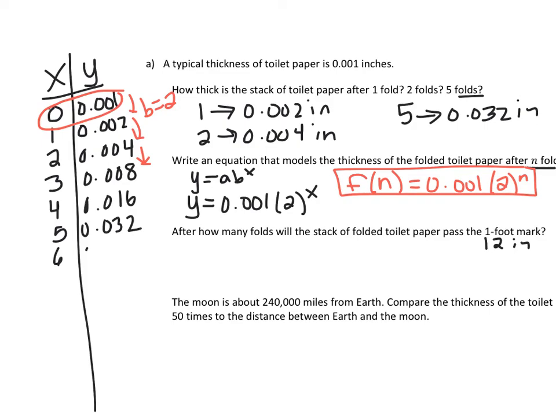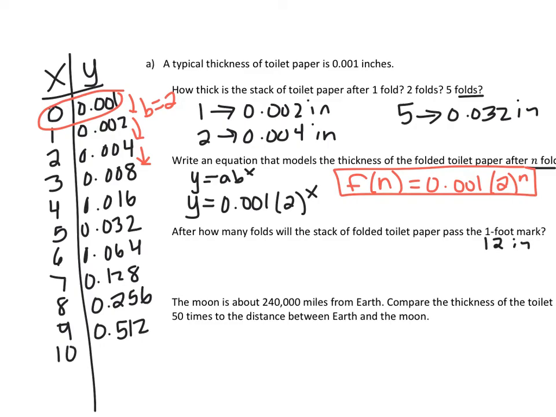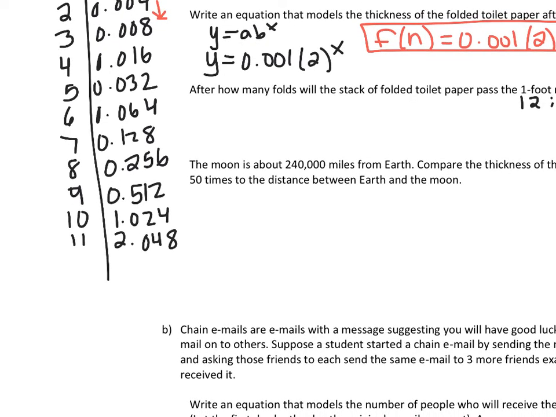So 6 is 0.064. 7 is 0.128. 8, 0.256. And again, I'm just getting these from the table in my calculator. 9 is 0.512. 10 is 1.024. 11 is 2.048. 12, 4.096. 13, 8.192, getting closer. 14 is 16.384.